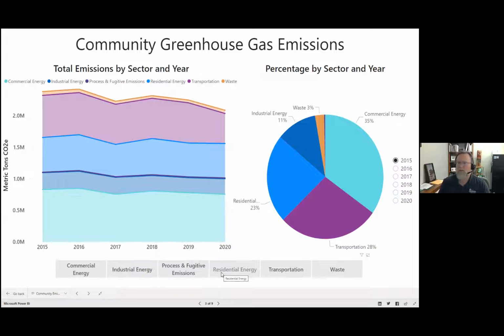And we make some assumptions about the number and type of vehicles, and then also the average efficiency. So then we can determine what the emissions impact is of those miles traveled based on those assumptions and that data.